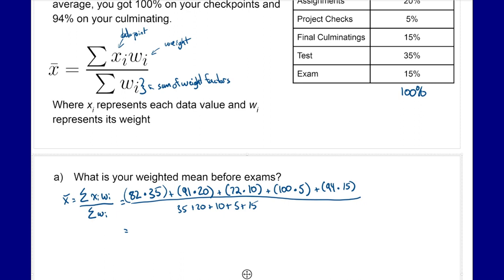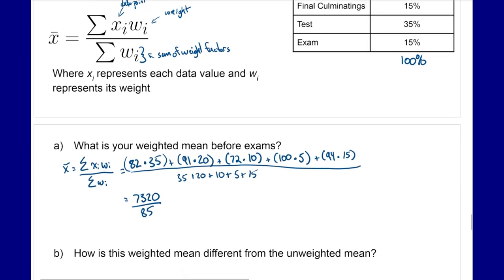We'll use the power of technology. When we add everything up, we get 7,320 divided by 85, and we get a weighted average of 86.12%. So that is your weighted mean before exams.